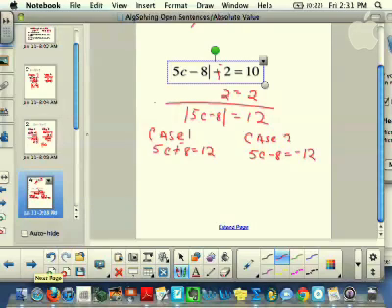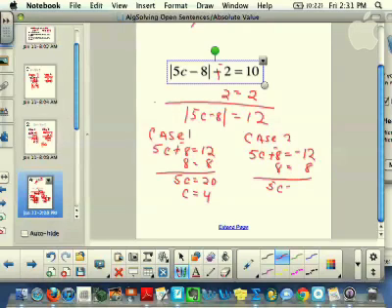Then I solve them. Two answers that will make this equation true.